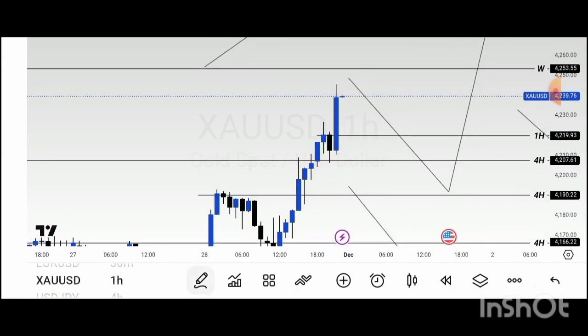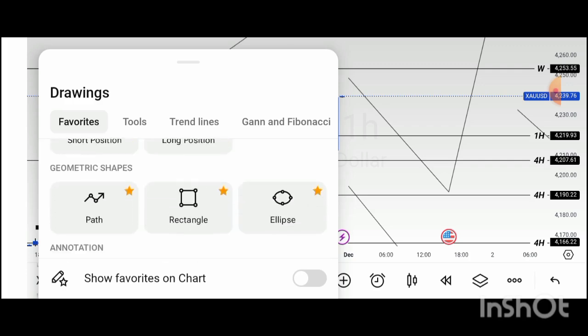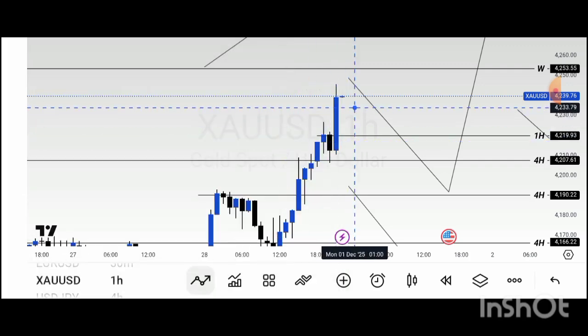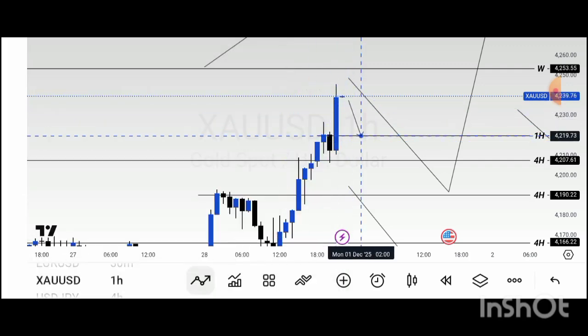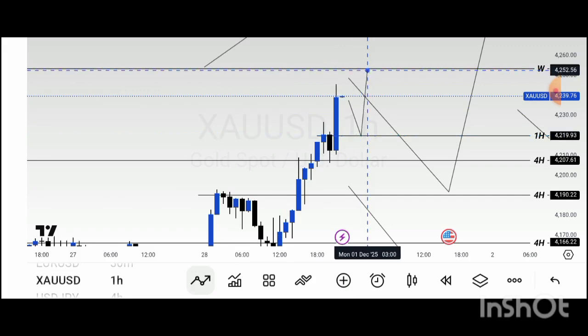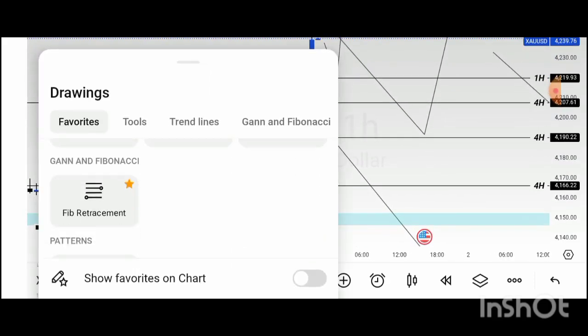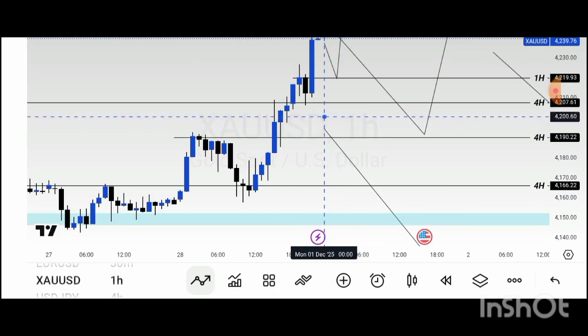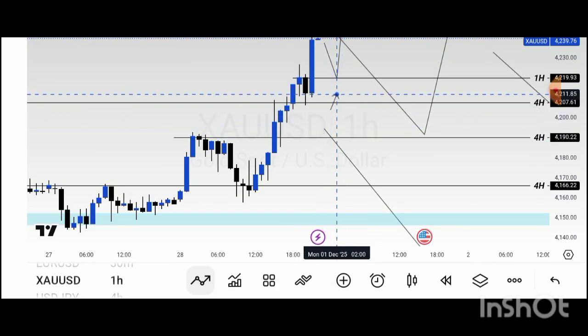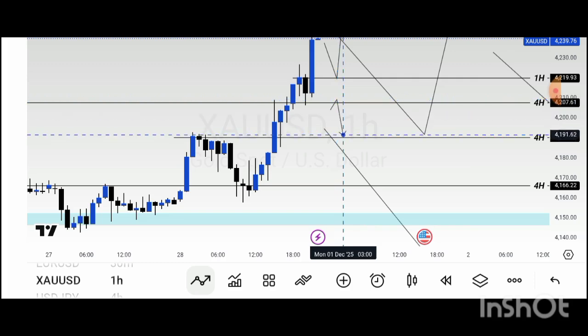So as gold is playing now, in case it comes down to this level, we might want to buy all the way up. But if gold breaks below that level, we might want to take a little sell here, just a small one, maybe from the 15 minutes time frame, because this is also a significant level.